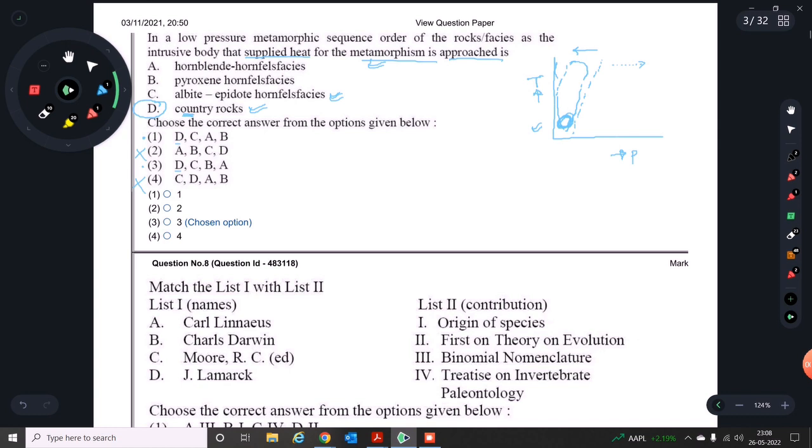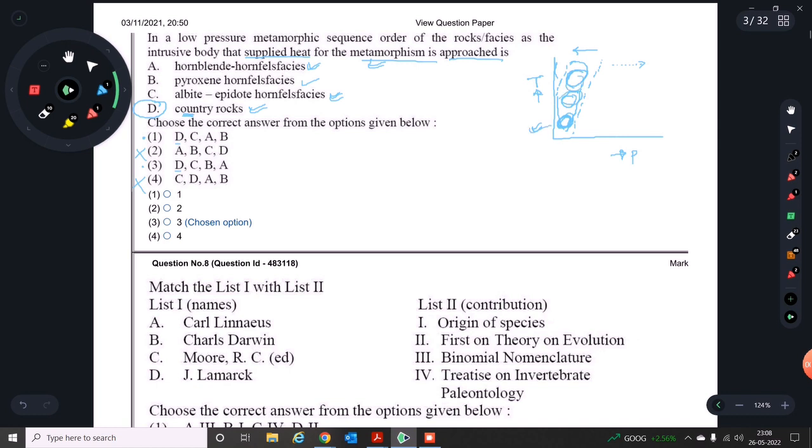We will get albite epidote hornfels facies. Then will we get hornblende hornfels facies or pyroxene hornfels facies? After albite epidote, what will we get first? Basically, we will get hornblende hornfels first here. Then we will get pyroxene hornfels.